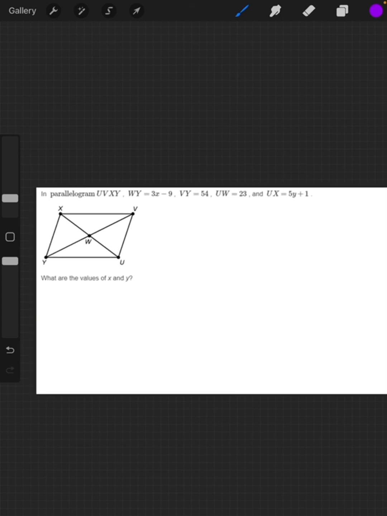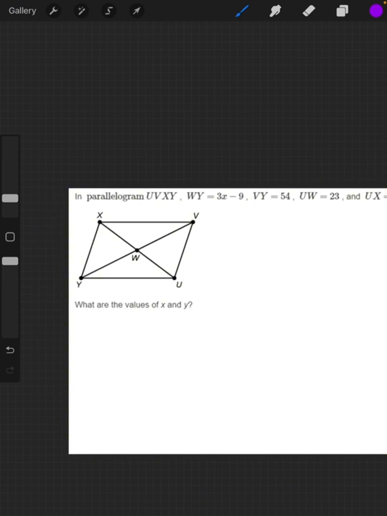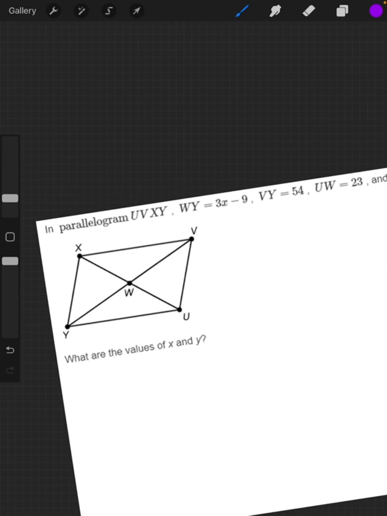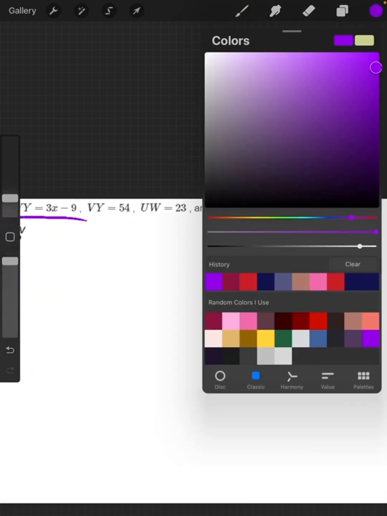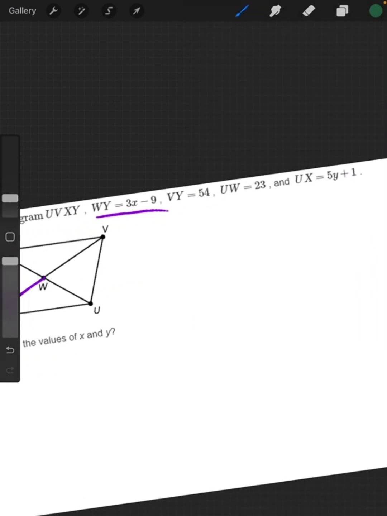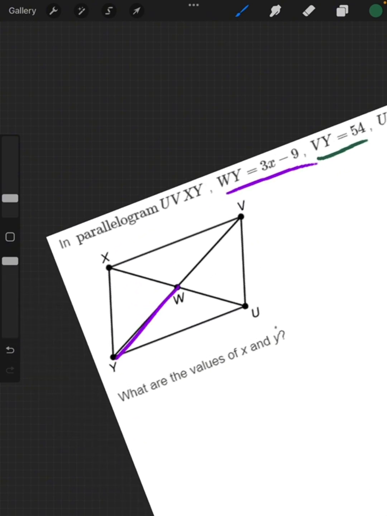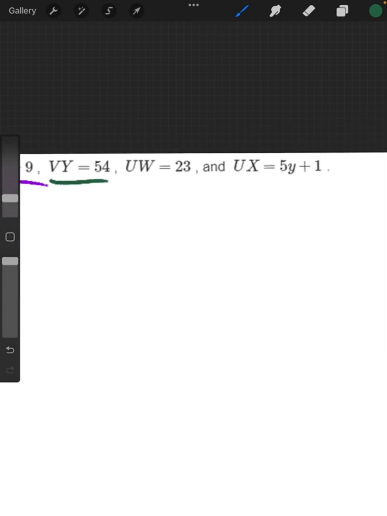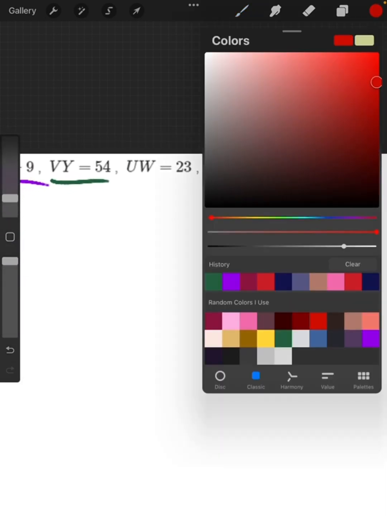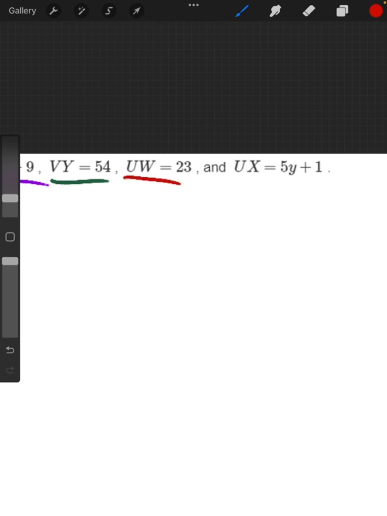And parallelogram UVXY. WY equals 3x minus 9. So WY, that's that one. VY equals 54. That would be this one. Okay. UW equals 23.